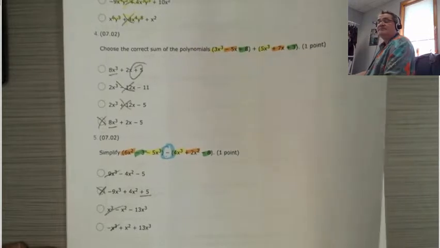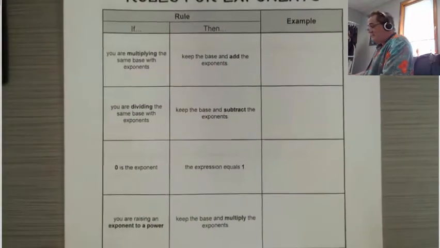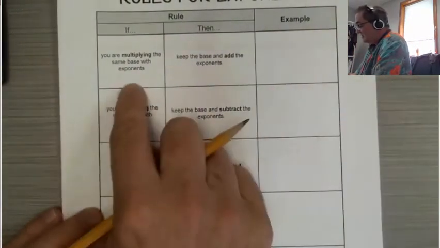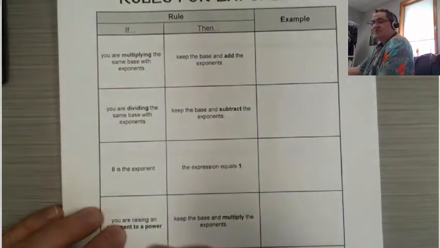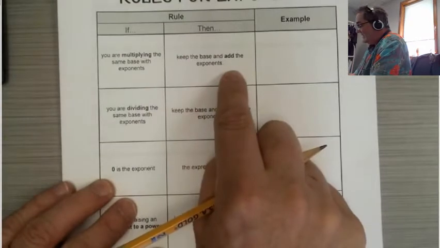So, all right. Before I do number 6, I want to go over some rules. Basic rules. If we're multiplying the same base with exponents, like 2 to the power of something, or x to the power of something, keep the base and add the exponents.